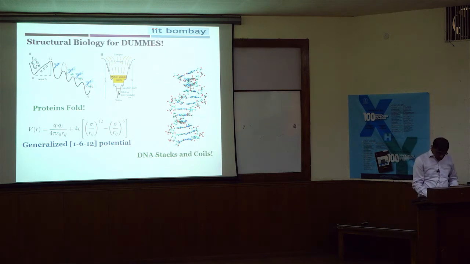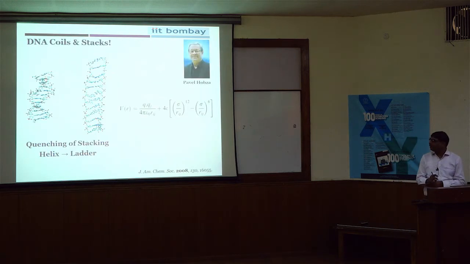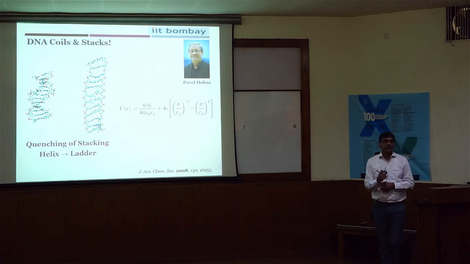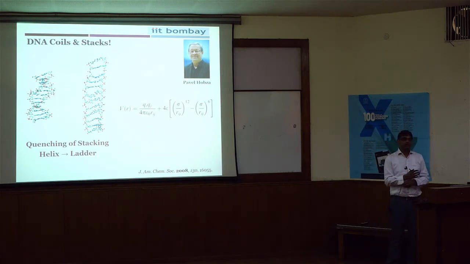The story started a while back. In 2008 I was visiting the group of Prof. Pavel Hobza, and he had just published a paper using molecular dynamics simulations. If you quench the dispersion, or quench the stacking, a DNA would look like a ladder, not a helical structure, but a ladder with the Watson-Crick base pairing intact.